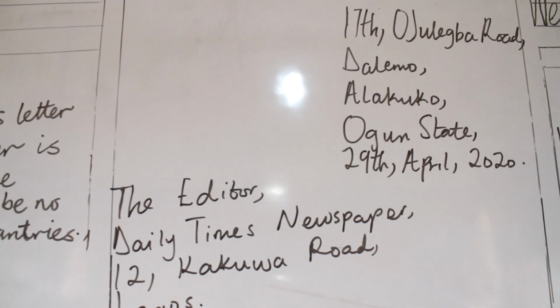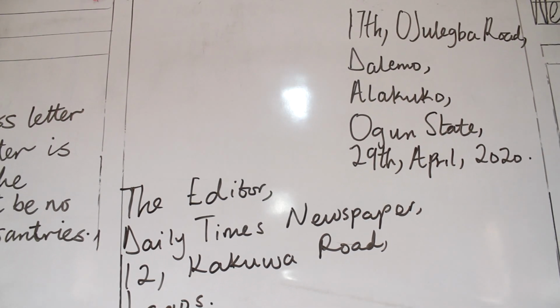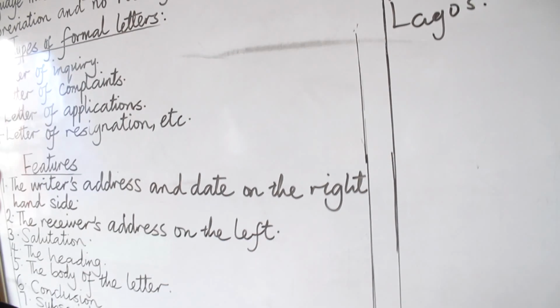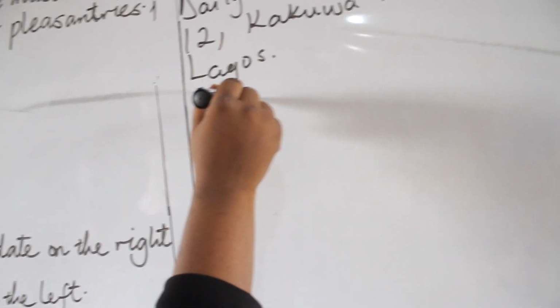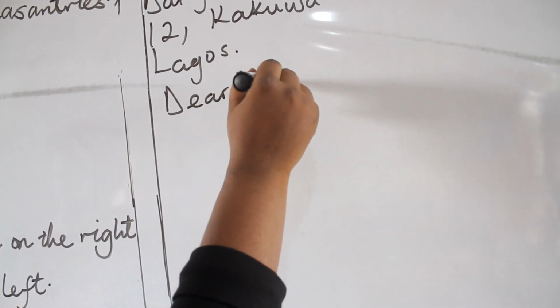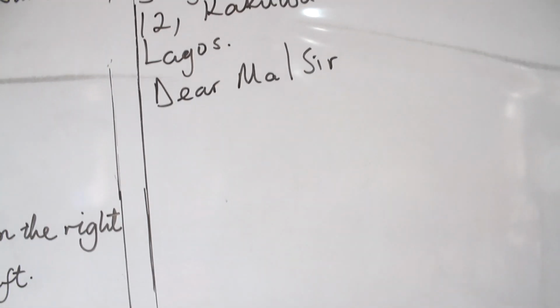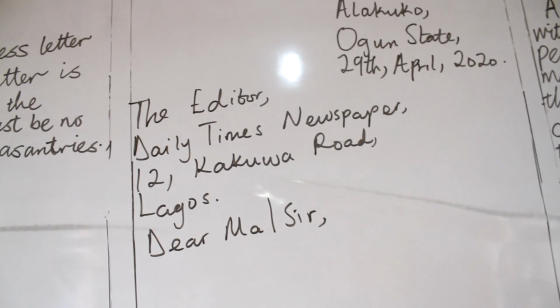This is the address of the addressee, the receiver's address, followed by your salutation. What do I mean by salutation? Dear Ma, or Dear Sir, or Dear Madam. Your punctuation mark is very important.